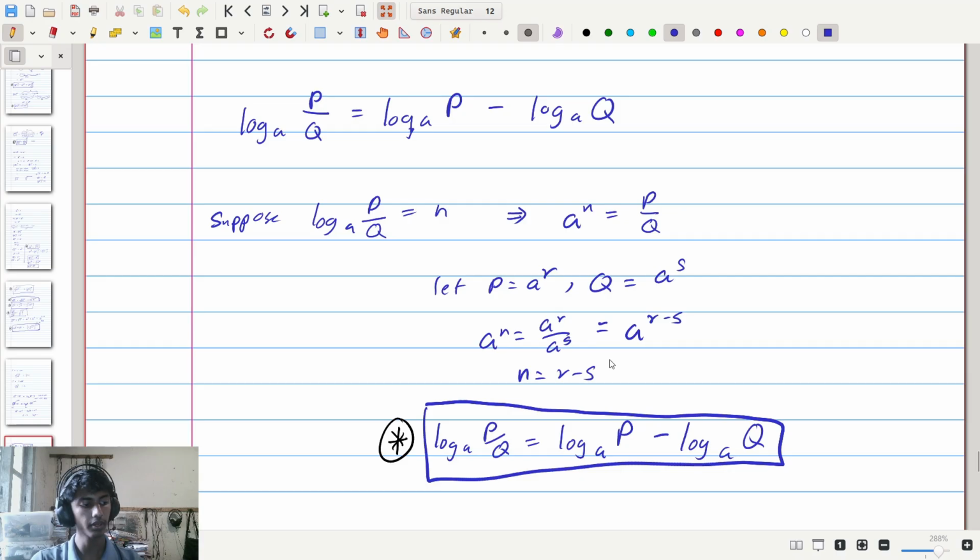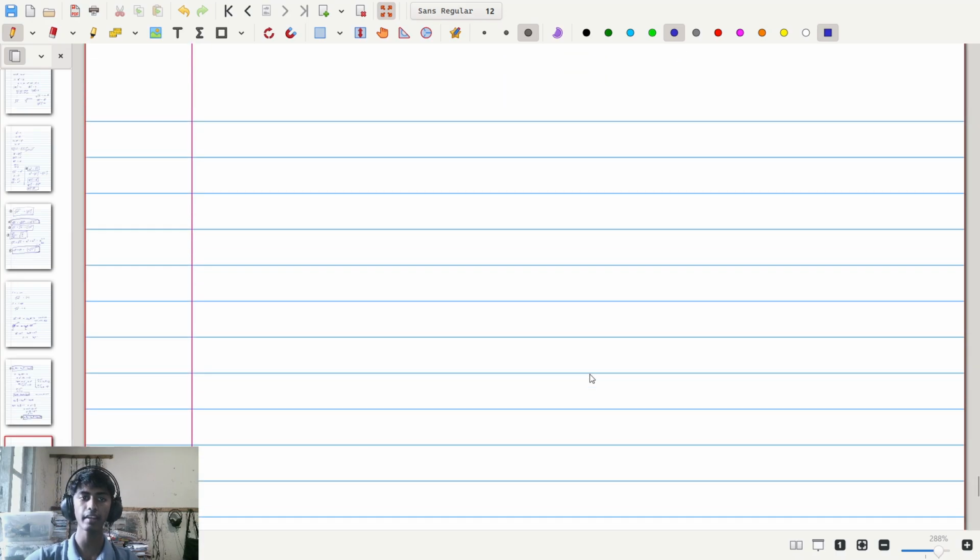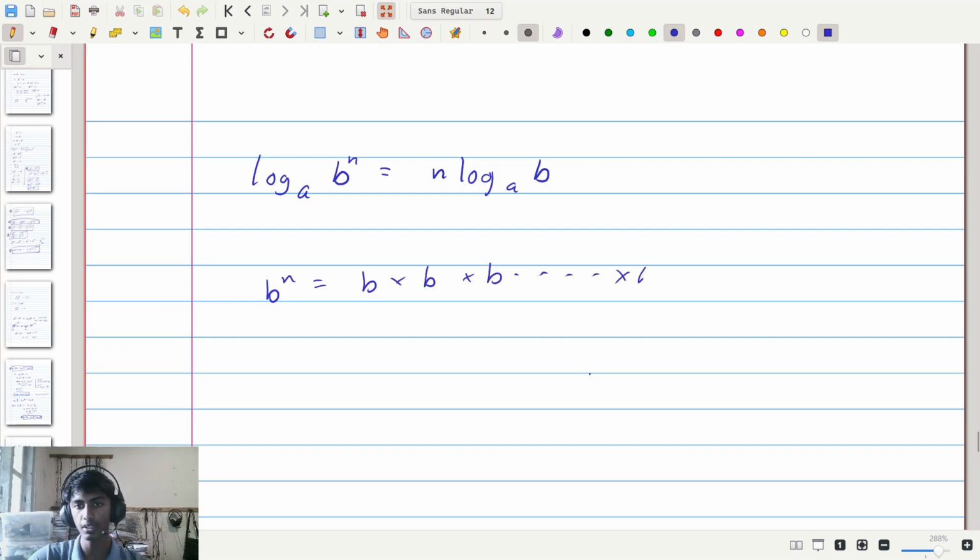Moving forward, we can also have some other interesting things, like for example the fact that log base a of b to the n is equal to n times the log base a of b. You want to prove this one? Let's do it. So here on the left hand side we have b to the n. B to the n is equal to b times b times b dot dot dot times b, a total of n times.